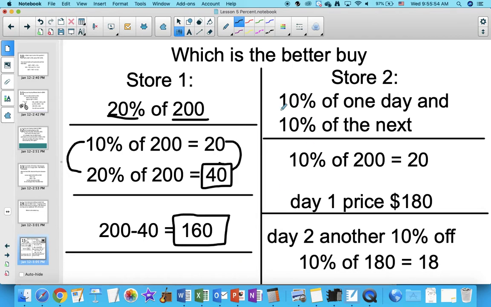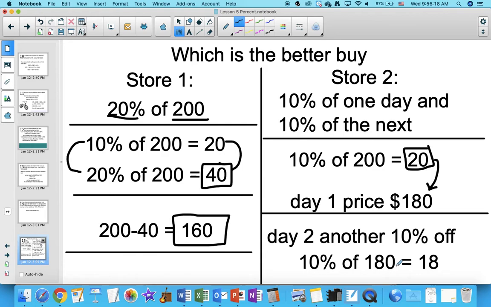Okay, well, when we look at Store 2, we have 10% off one day and 10% off the next. So we take 10% of 200, which is $20. On the first day, we take off $20, the new price is 180. Well, still more expensive than 160. So we'll come back on the second day. We take another 10% off, but we're not taking 10% of 200.